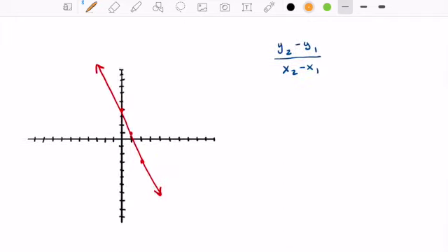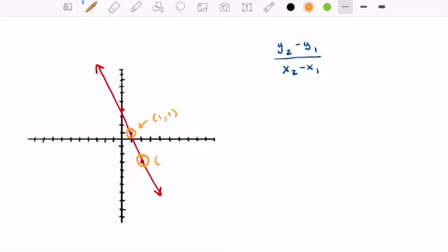So let's check out another one. Looking at this one, we know it is a decreasing function. It's going down. So I'm hoping that when I do my slope, I get a negative number. So let's pick 2 points. I'm going to pick this one here, and I'm going to pick this one here. So this point right here seems to be at 1, 1.